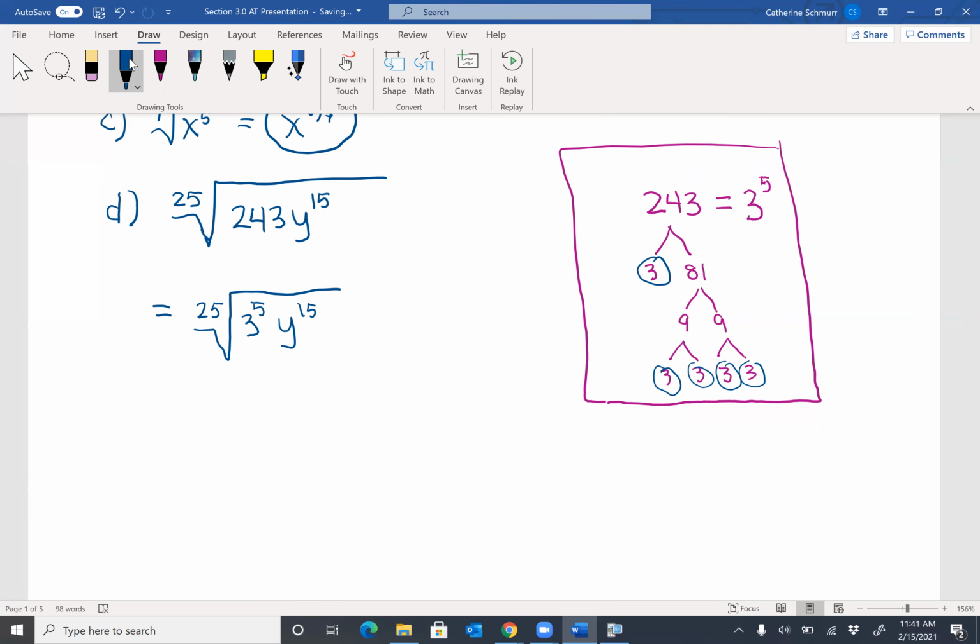Okay, now I can break that down further. That's equal to 3 to the 5 over 25, because remember the root goes in the denominator of the exponent, times y to the 15 over 25.